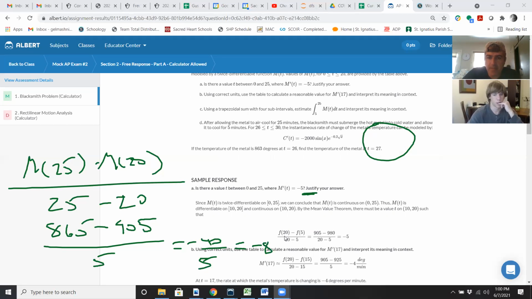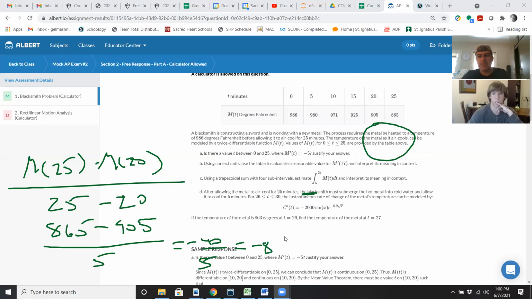But on the real AP exam, they would just tell you from 5 to 20, or they'd make sure that the average rate of change was exactly -5. The average rate of change from 5 to 20, my bad, was precisely -5. So by mean value theorem, sure. But then you have to do the whole trial and error. They don't really ask you to look at it in that way.